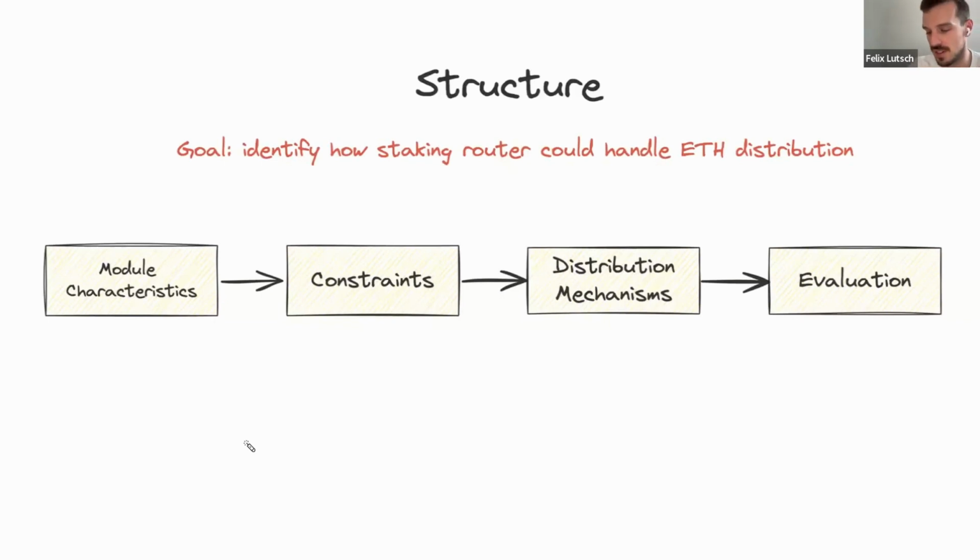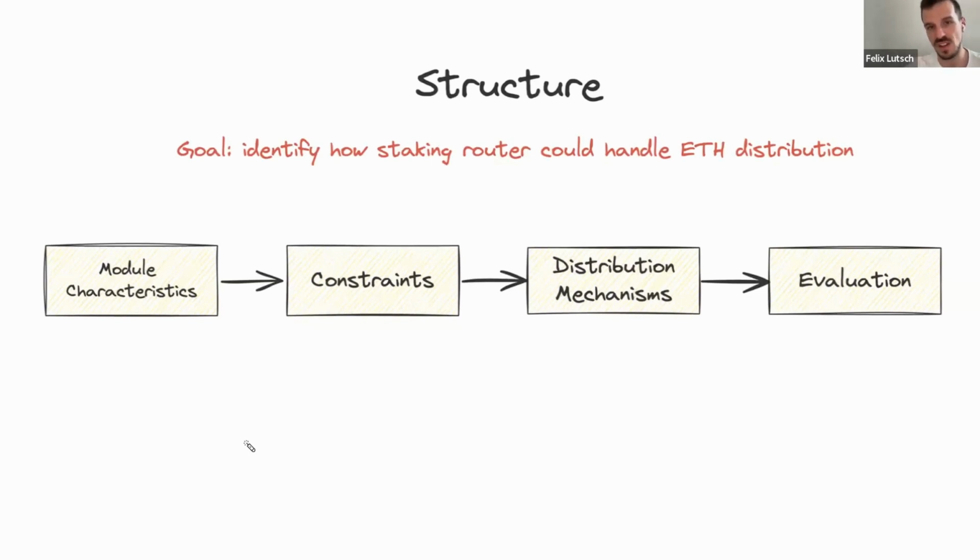And then there is a section trying to evaluate the viability of the different paths, taking into account different criteria, for example the cost associated with the implementation, or the complexity, but also more nuanced things like how well a certain distribution mechanism might align with Lido's goals. As many might know, Lido DAO voted recently on the goose goals, and there's a bunch of things in there that Lido aims to achieve.